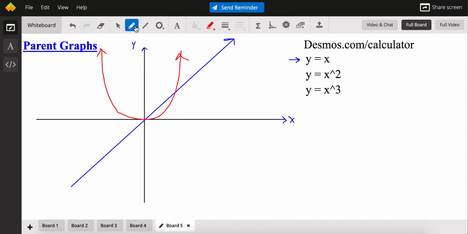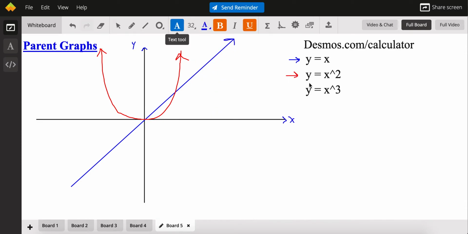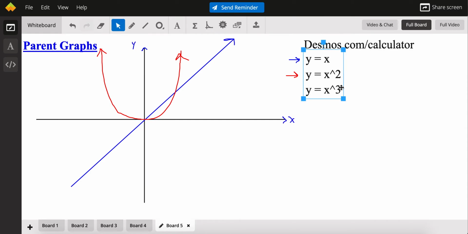So that was y equals x squared. And then for y equals x cubed, let's take a green. Y equals x cubed right here.